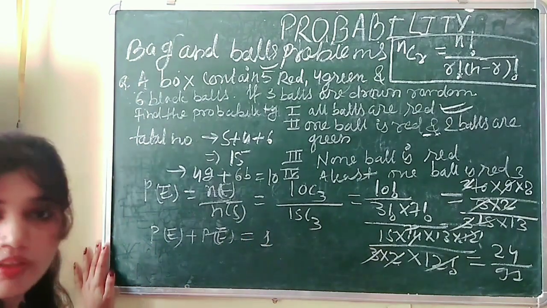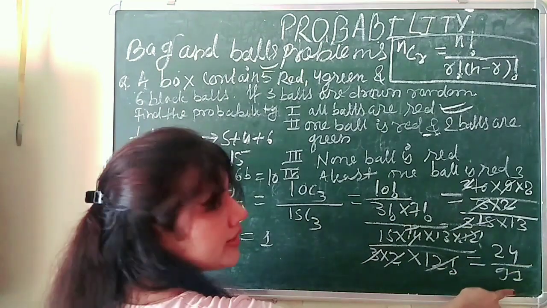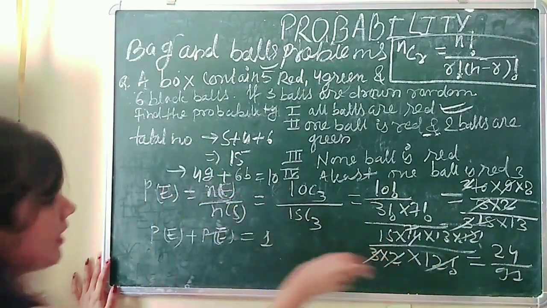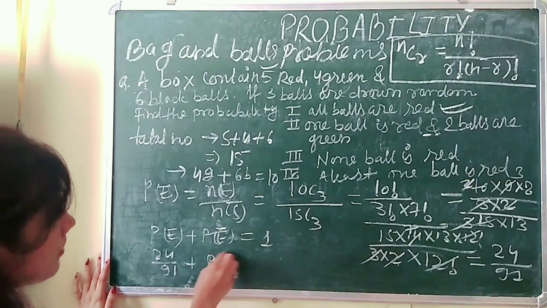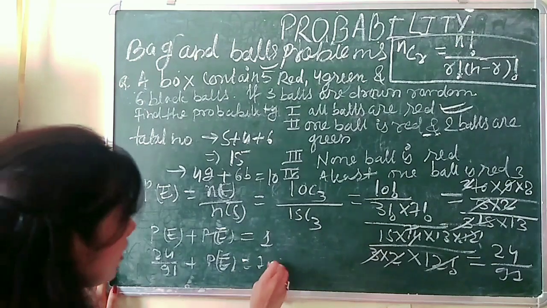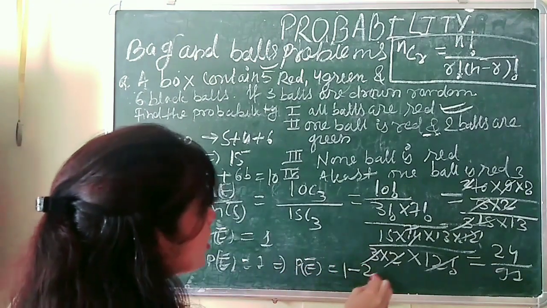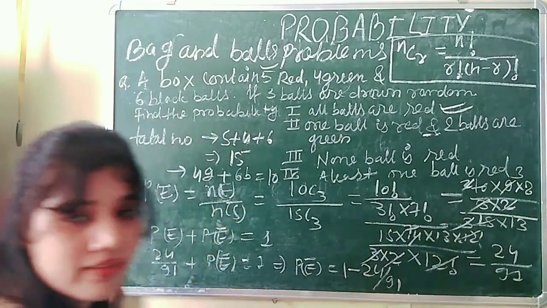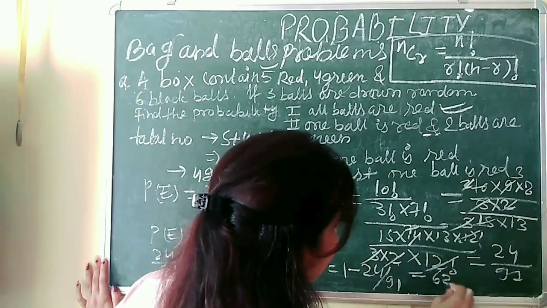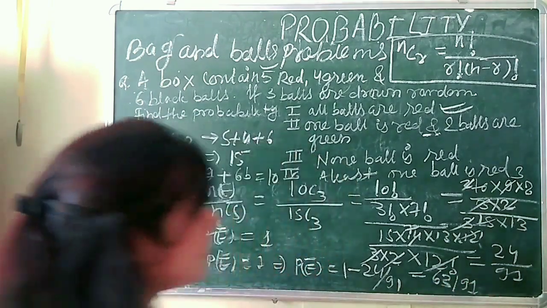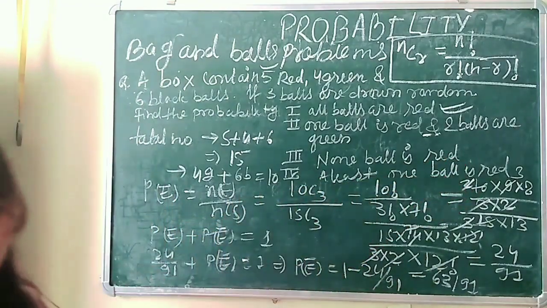That is the basic formula. So we put 24 by 91 because we got this PE. That will be 24 by 91 plus PE bar equals 1. So PE bar equals 1 minus 24 by 91. If we solve this, we will get 63 by 91. So this is the probability for at least one ball is red.